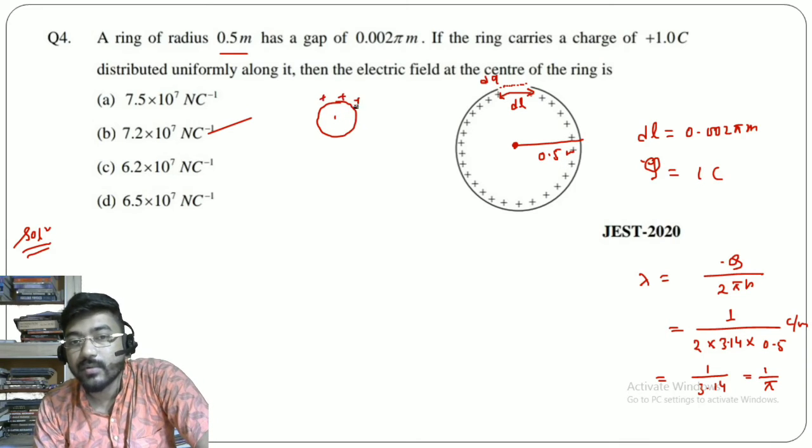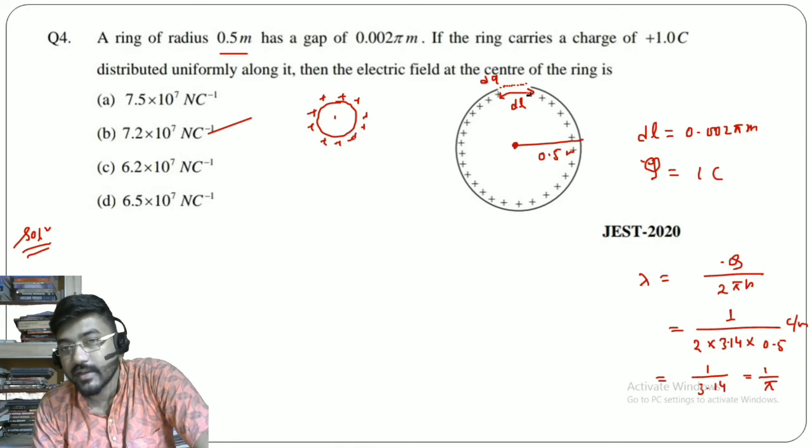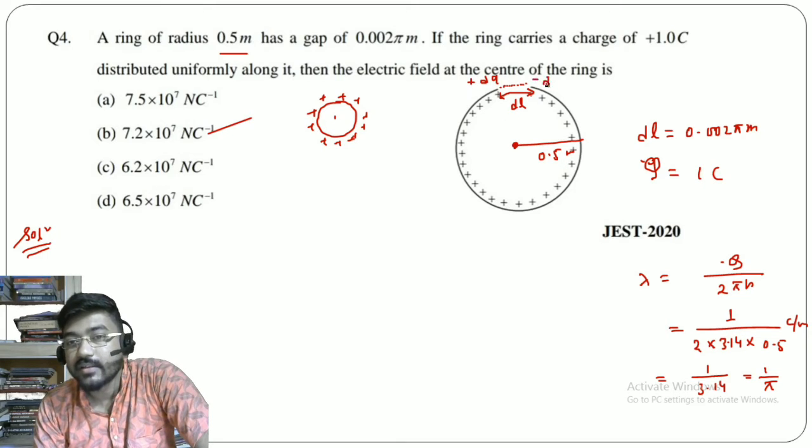The charge is uniformly distributed. But what is the difference? The difference is that here is a gap. If we make up the gap with positive charge dq, then the electric field will be 0. Now, let me place a positive charge plus dq as well as a negative charge minus dq at this portion.